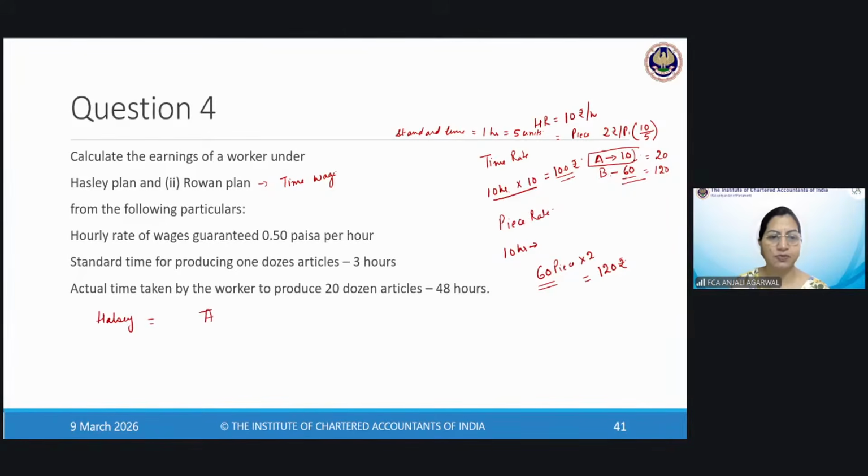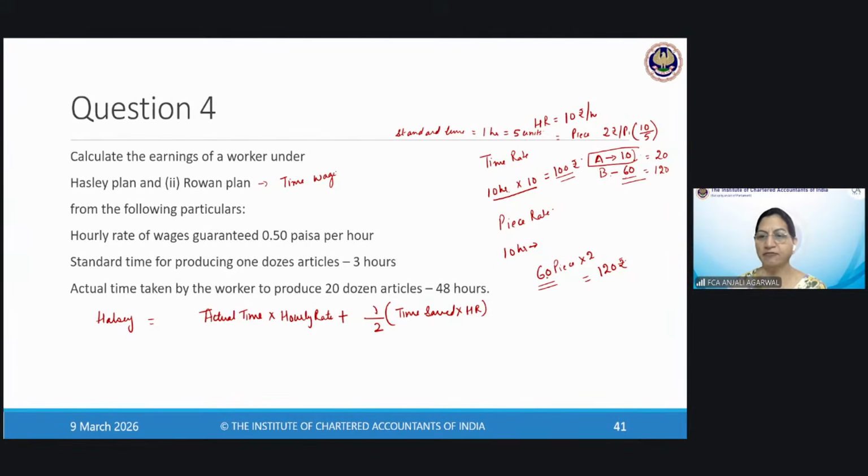The Halsey plan says that all the workers should be guaranteed their time rate. So whatever the actual time they spent, multiplied by the hourly rate, everyone should get this. But if a worker is efficient and is saving some time, he should also be paid for that, but not 100%, 50%.